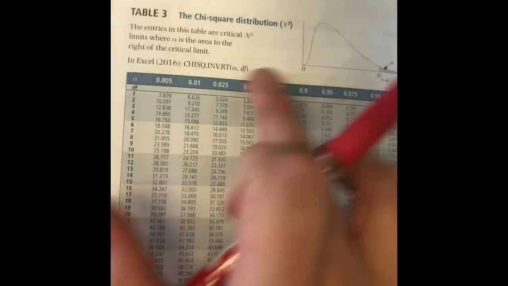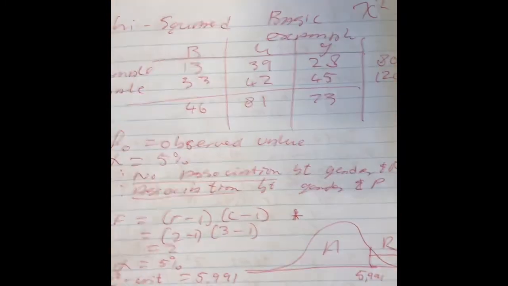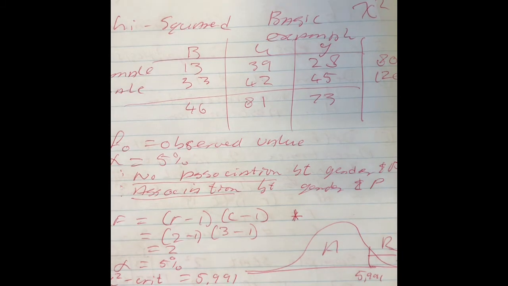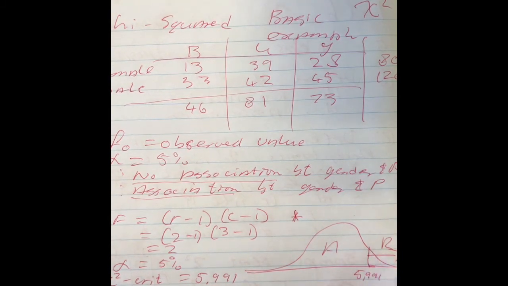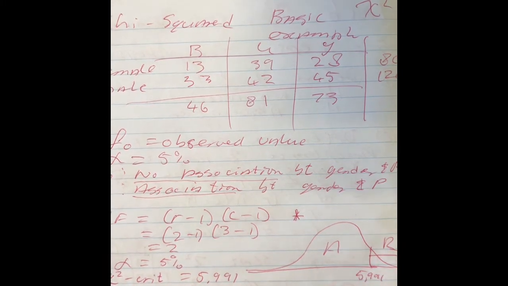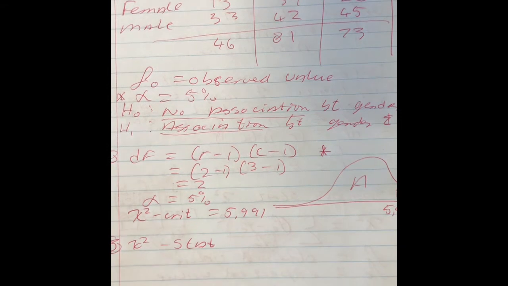Alright, so hopefully everyone's comfortable on how to read this table. So we've got a chi-critical value of 5.991, and we know therefore, because it's an upper tail, anything bigger than that value will be rejected.